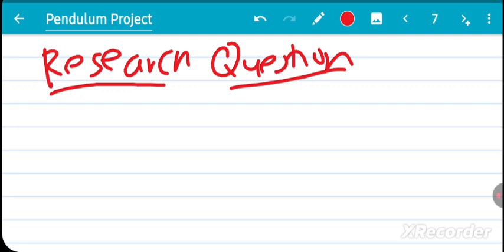We have learned that the period T of a simple pendulum is directly proportional to the length. That is to say, when you increase the length, the period also increases. And so that is what we've learned in the theoretical background. Now we respond to that by asking a few questions of our own.